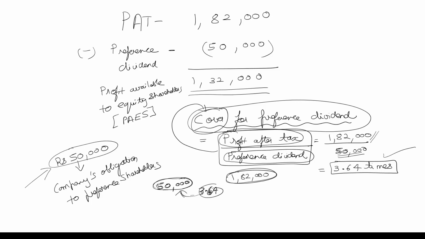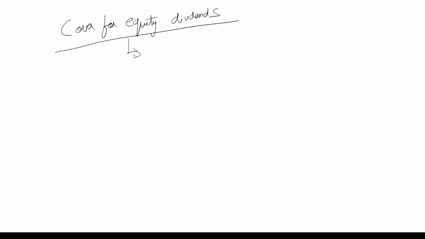Now, the next thing that we need to look at is what we call the cover for equity dividends. Again, let's look into the definition. Let's just go for the calculation, and after that we'll take a quick look into what this would mean.